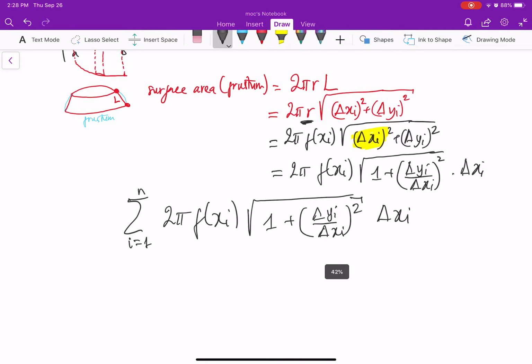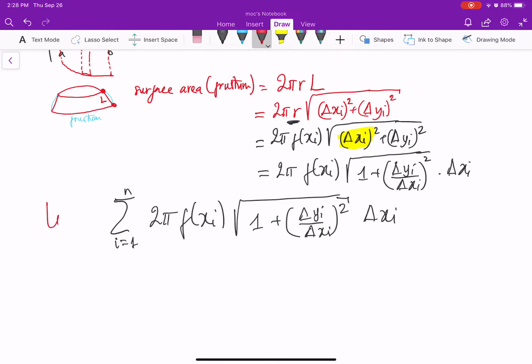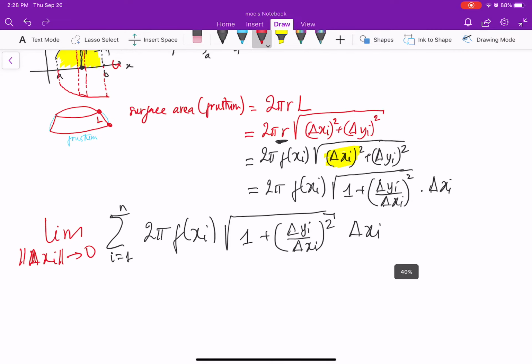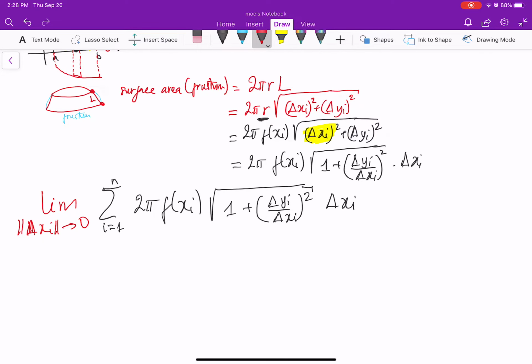And then we consider the limit as the norm of the partition, the maximum delta x_i, goes to zero. Sometimes we just say all delta x_i are the same, so everything is good. When we consider this limit, we will get a definite integral.